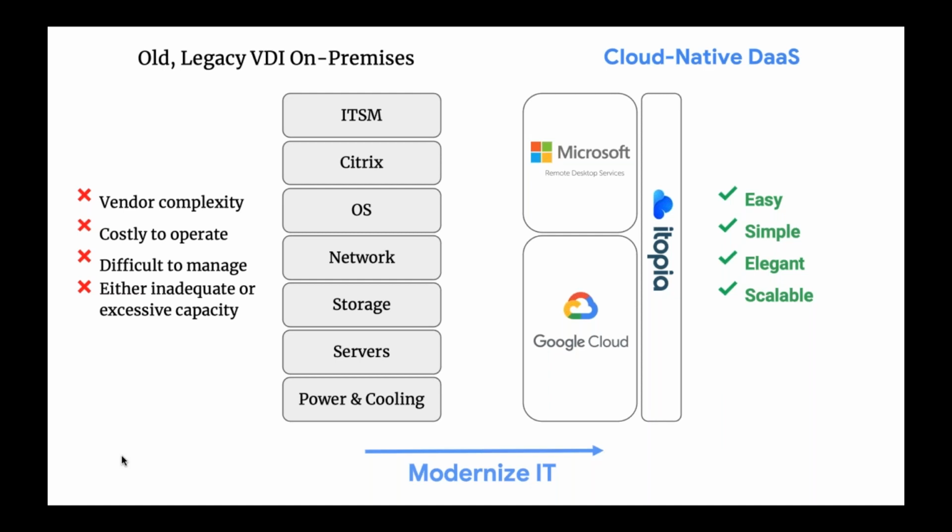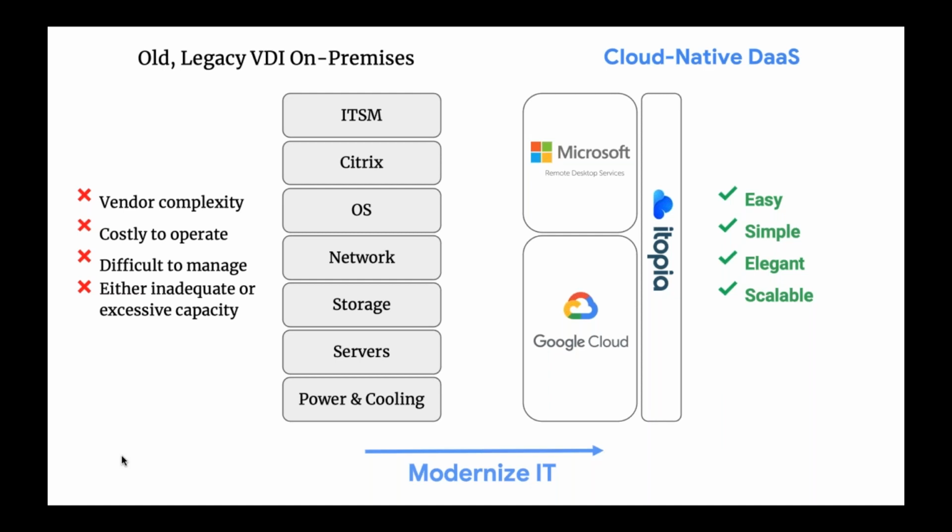You can plan for overcapacity, or you could have not enough capacity when you need to send people home, like what we've seen with COVID-19. But we really look to modernize that whole experience and eliminate any sort of complexity by taking a trusted service, which is Microsoft's Remote Desktop Services, hosting that on Google Cloud and starting to integrate some of the unique Google technology into these environments.